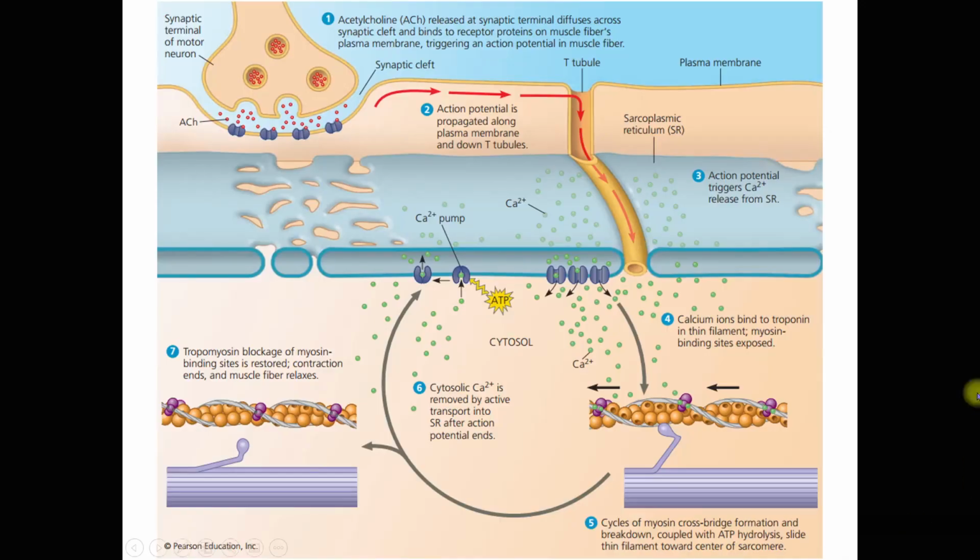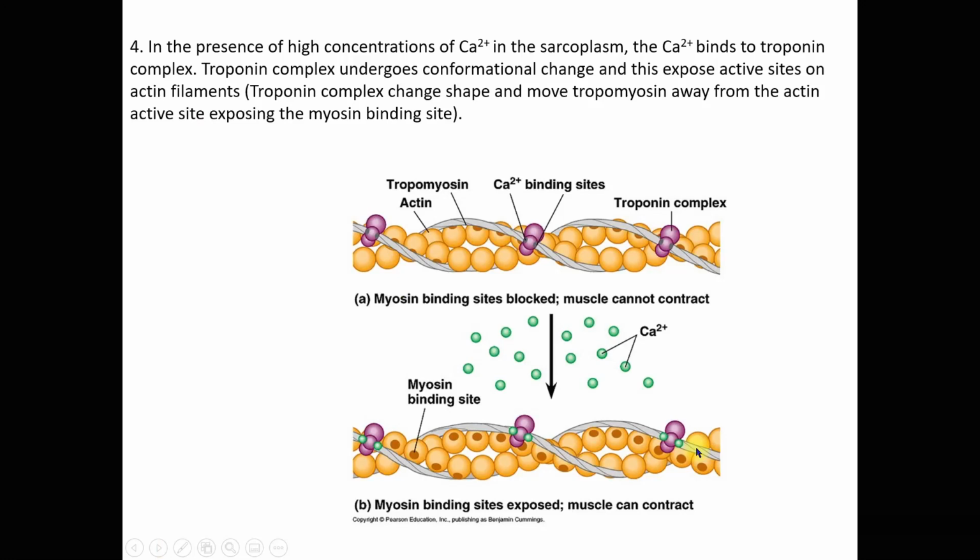So now we have a high concentration of calcium ions in this cytosol, and I'm going to further explain how muscle contraction happens. In the presence of high concentrations of calcium ion in the cytoplasm, what happens? The calcium ion will bind to the troponin complex.